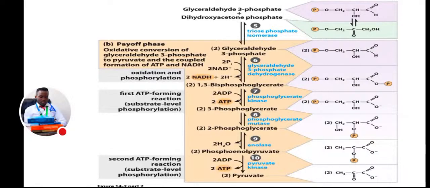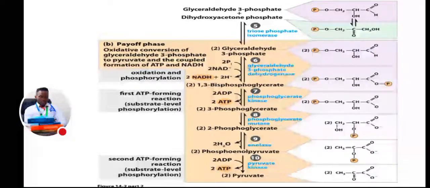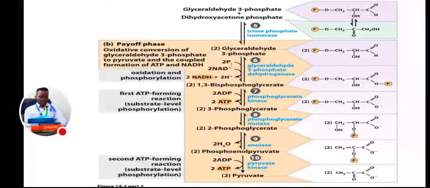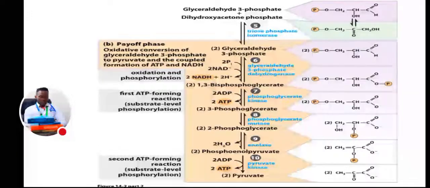Now remember, 2 water molecules are removed from 2 phosphoglycerate, giving us phosphoenolpyruvate. The enzyme that catalyzes this is called enolase.